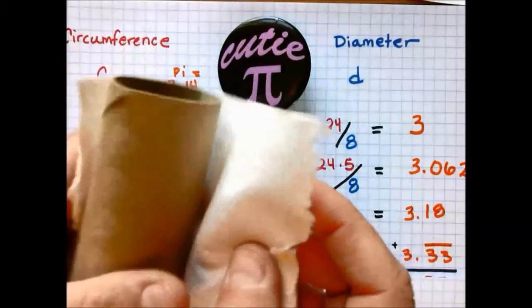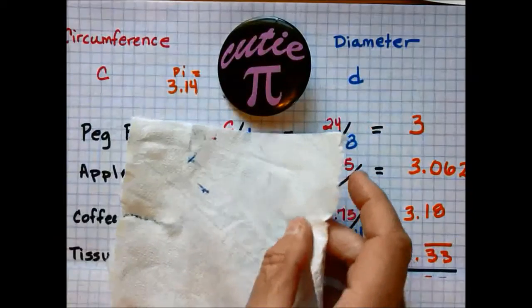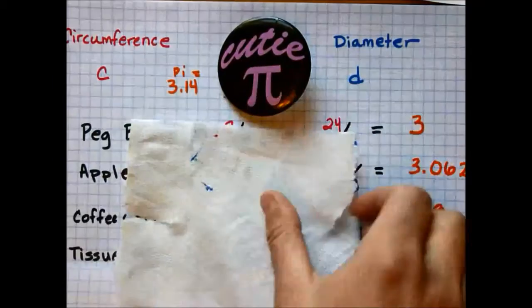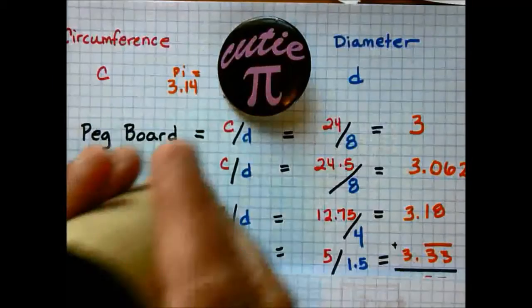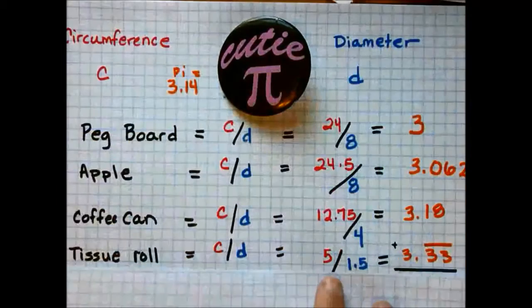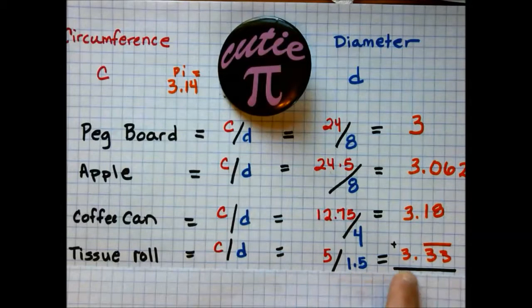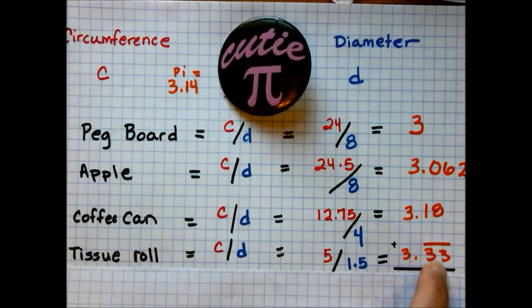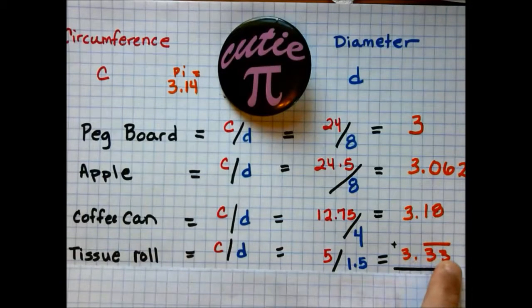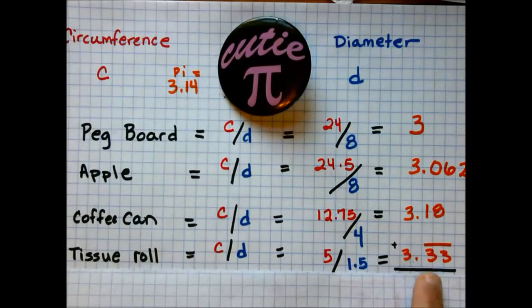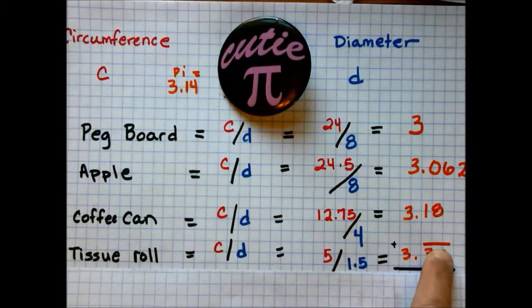And again, I just peeled off the end layer of paper, measured the edge for the circumference, measured the diameter, and I got the result 5 inches divided by 1.5 inches equals 3.33. And this symbol on top means that the 3.33 goes on and on and on, which means 3.3 repeating. So that was pretty far off from pi.